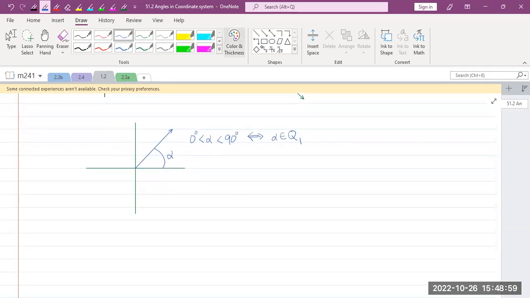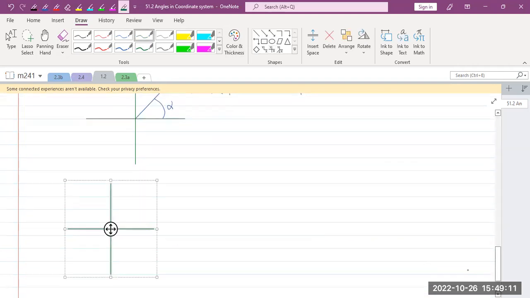Angle in the second quadrant: if the terminal side is in the second quadrant, notice that this angle is greater than 90 degrees but less than 180 degrees.